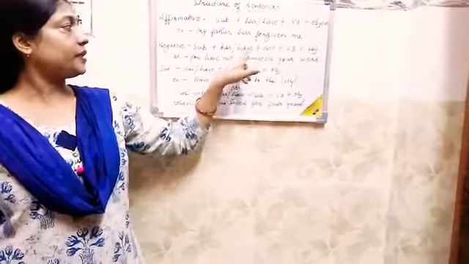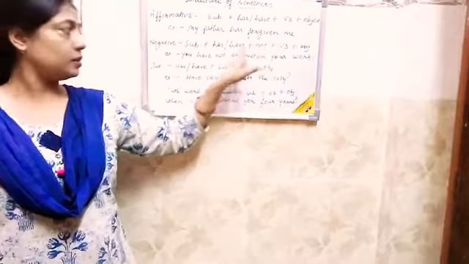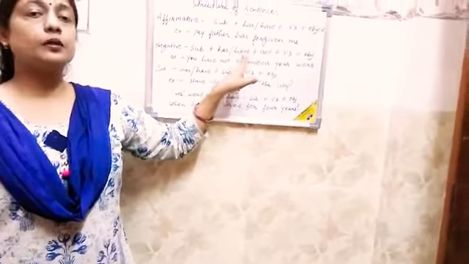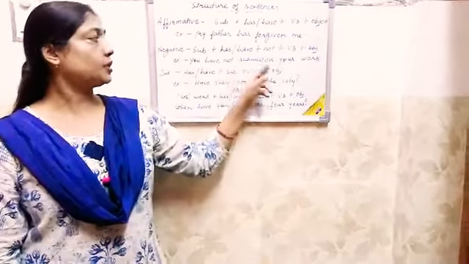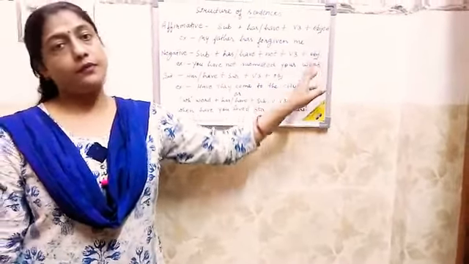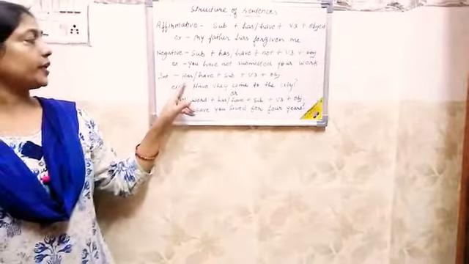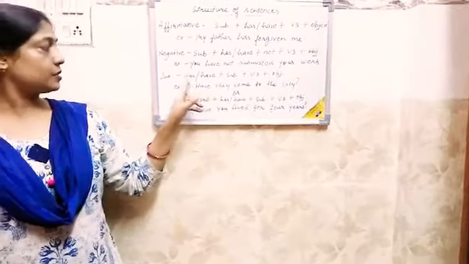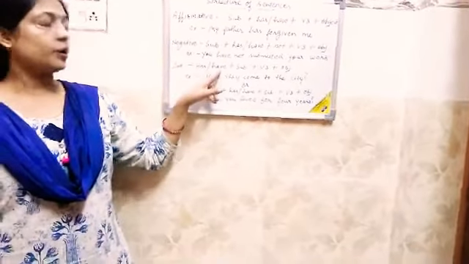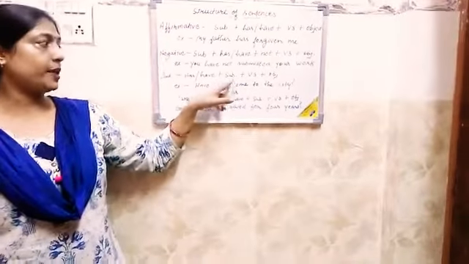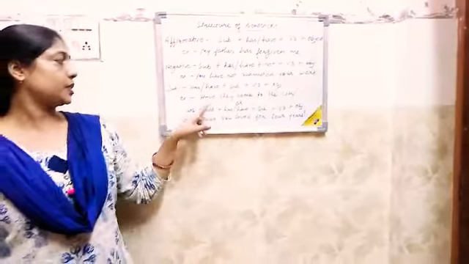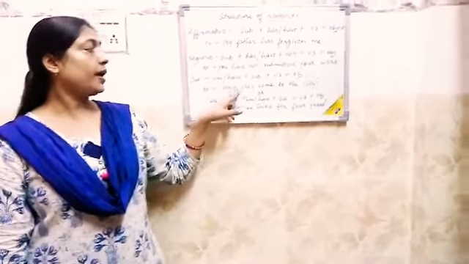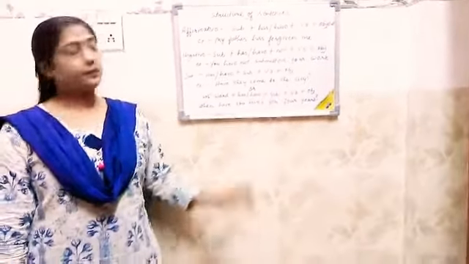Negative, in negatives we will add not after has or have. For example, you have not submitted your work. Interrogative, yes no questions, we will use has or have in the beginning: has, have plus subject plus third form of verb plus object. Example, have they come to the city?